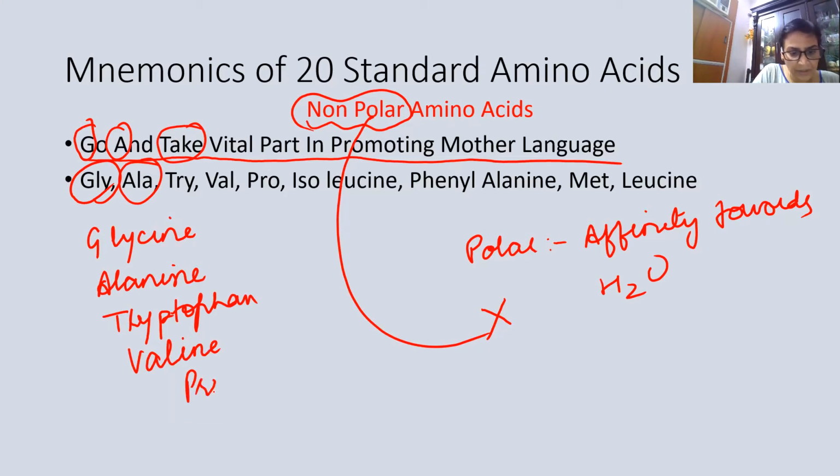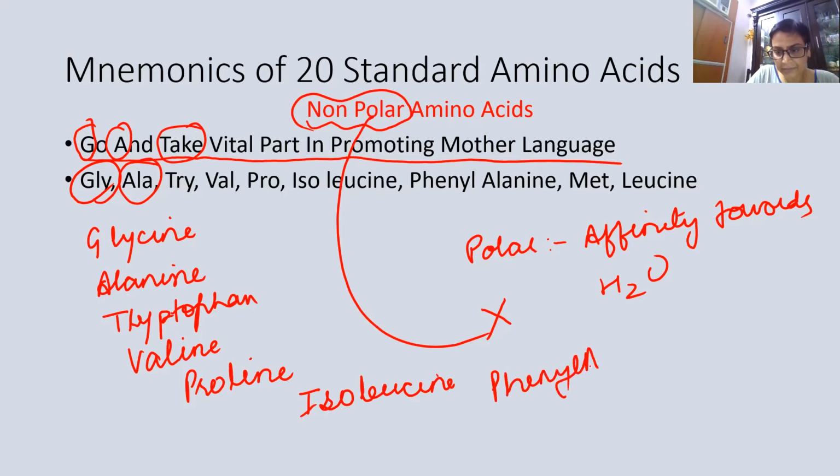P stands for proline. I stands for isoleucine. P stands for phenylalanine. M stands for methionine. And L stands for leucine.